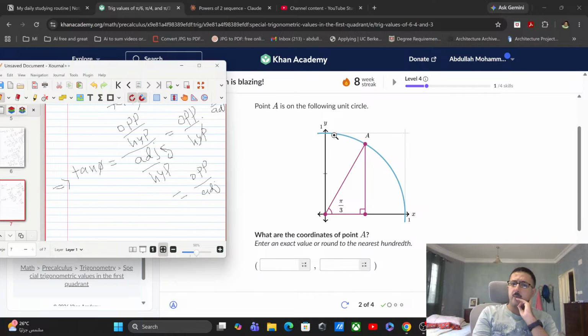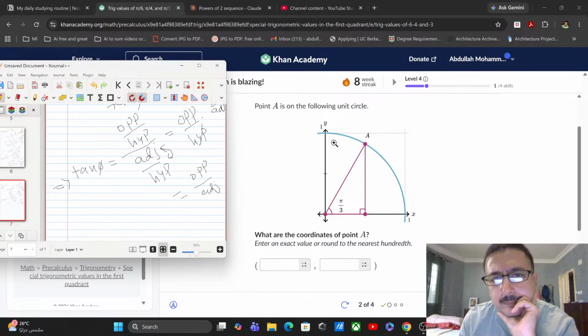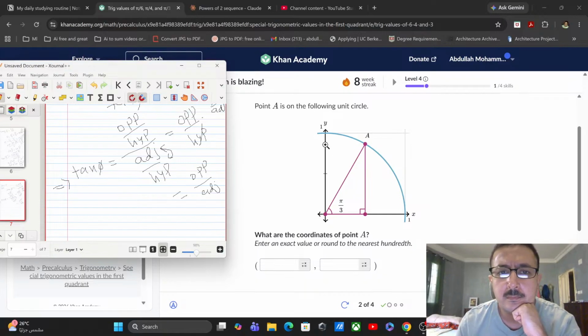This cannot be 1. Because look, but if it can, if it's here. Point A is on the following circle. They are the coordinates of point A.